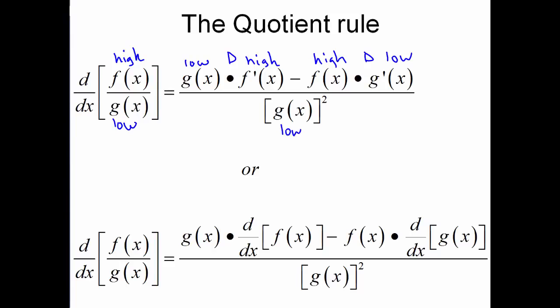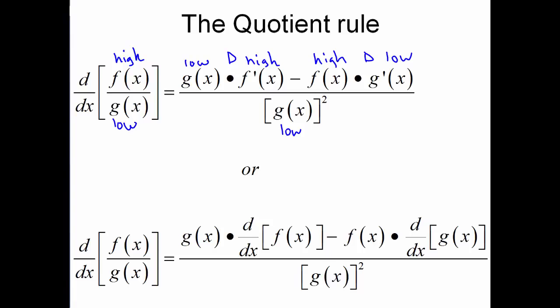So the saying is low d high minus high d low, all over low squared. Just remember the saying: the quotient rule is low d high minus high d low, all over low squared.